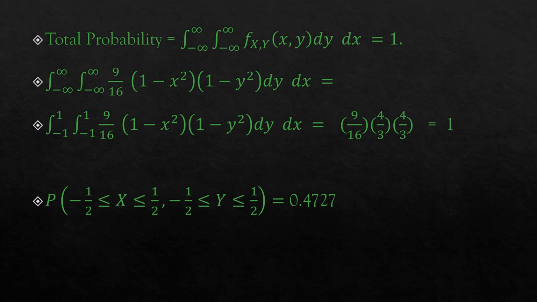The total probability will be the integral from -1 to +1, -1 to +1 of this density function. You can easily evaluate this integral and show that it is equal to 1. And also, if you're interested in finding P of -1/2 less than or equal to X less than or equal to 1/2, and Y between -1/2 to +1/2, that will be 0.4727.